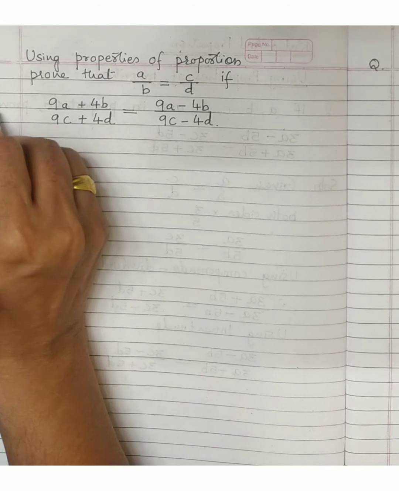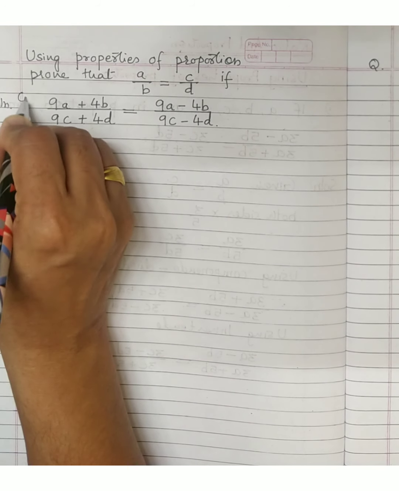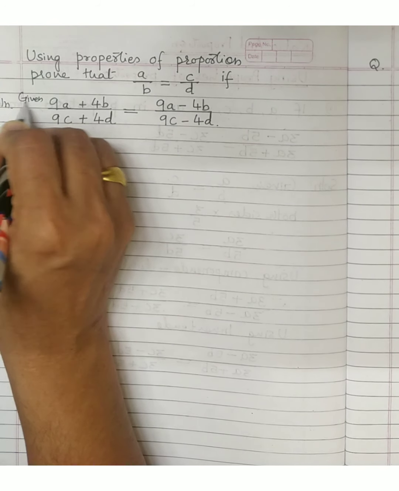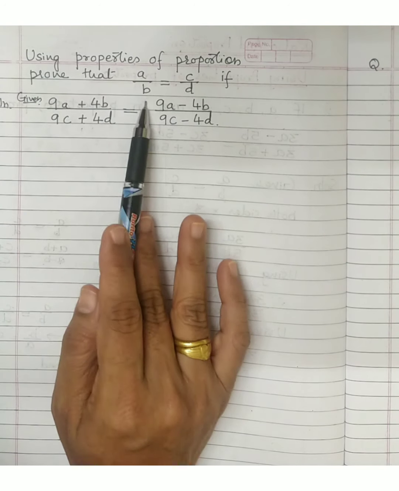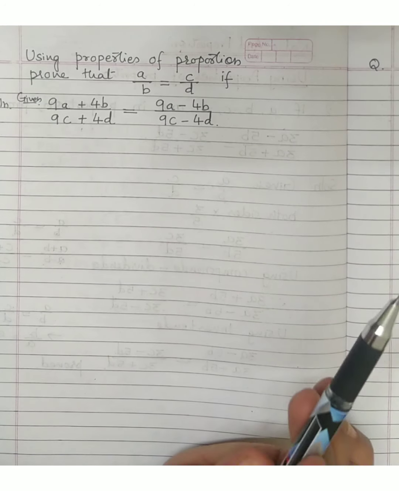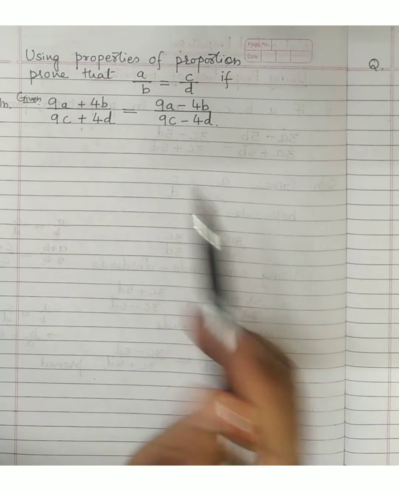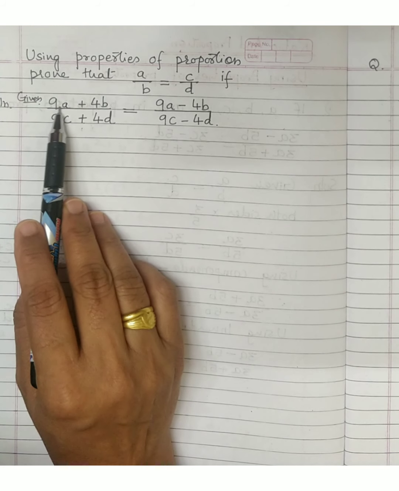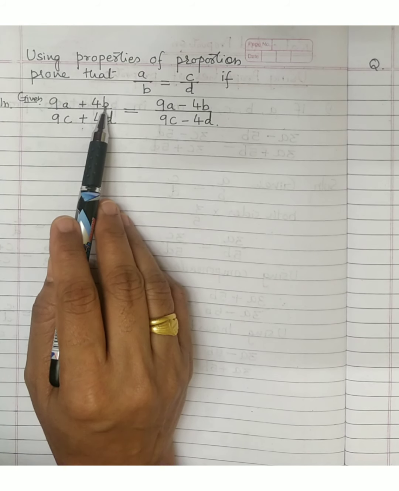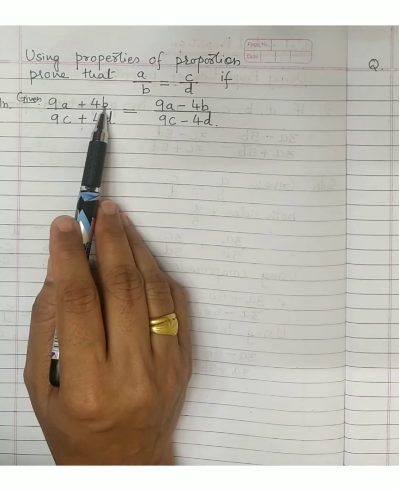I start my solution from here. This is what I will write as given. With this part, I need to reach A upon B equals C upon D using any of the properties. So first thing, when I look at this very carefully, I observe 9A plus 4B is the application of componendo, right?